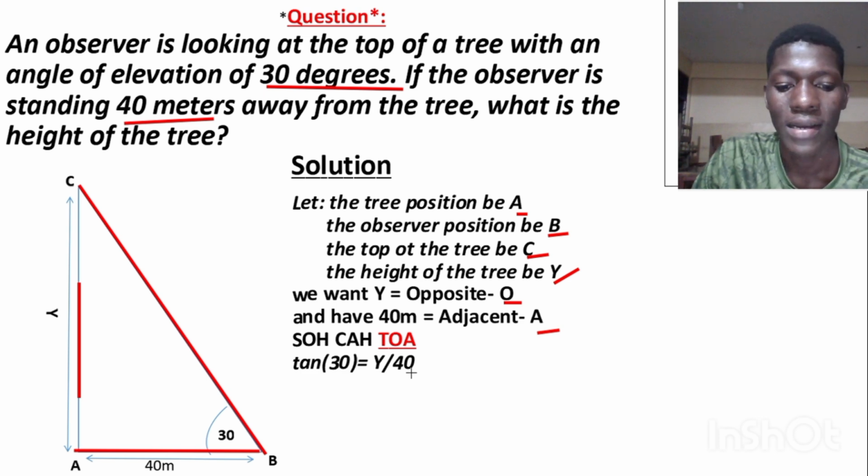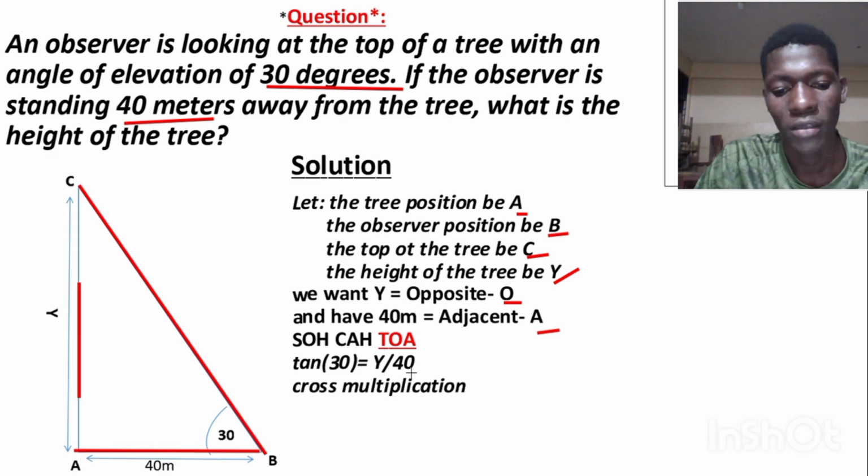So this one, we have to cross multiply because we want to make the y stand alone. So cross multiply by what? The denominator, which is 40. So cross multiply by 40. So you see that when you multiply 40 by tan 30, this is what you get: 40 times tan 30.